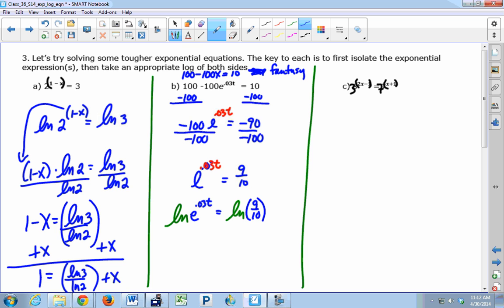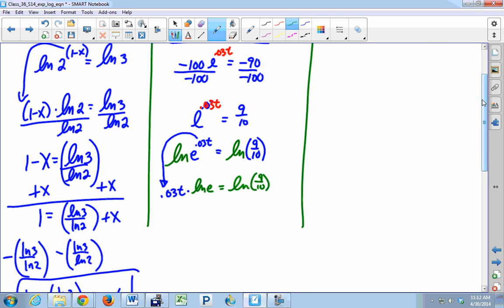I use my log properties. As I told you the other day when we did this on Monday, you're going to use this property over and over again. I bring down my exponent, 0.03t, and it multiplies the natural log of e. That equals the natural log of 9/10. But what is the natural log of e? 1.